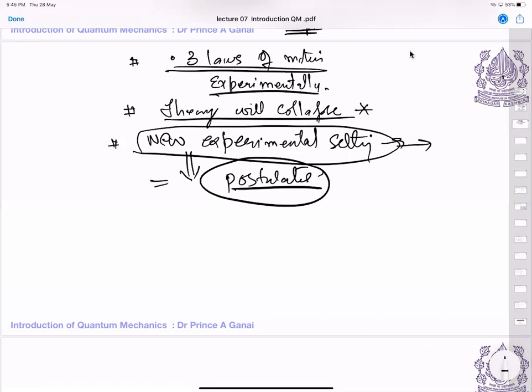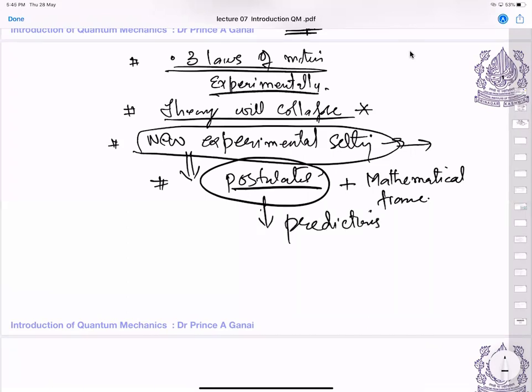But is that all? Do we have postulates and we have a theory? No, we don't have a theory just by having postulates. You need one more thing, that is a mathematical framework. So you should have a proper mathematical framework, and then these postulates with that mathematical framework can make predictions.